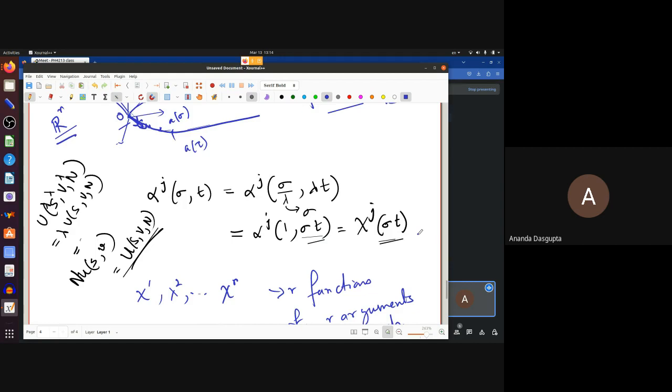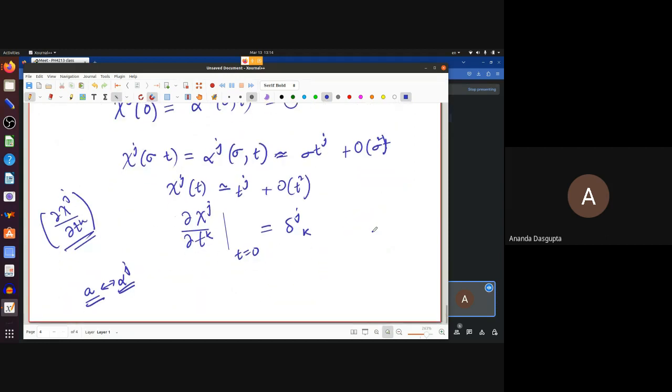I should be able to solve the differential equation which I get for chi j, which is essentially the differential equation from alphas, and find some t such that chi j of t is exactly equal to alpha j.